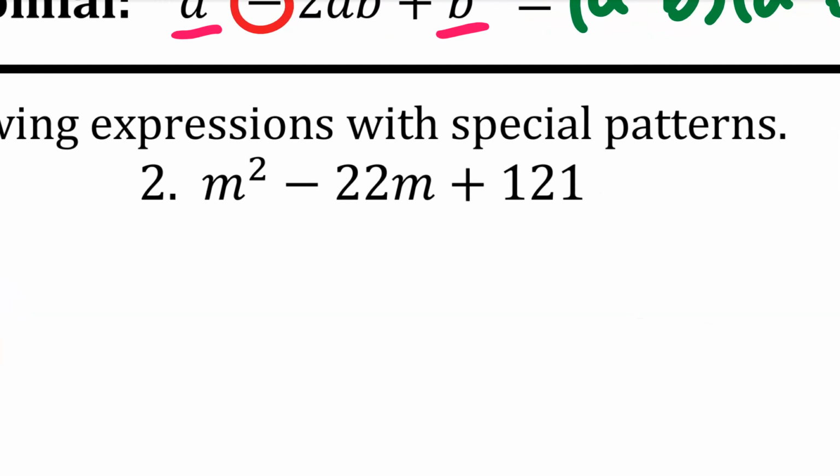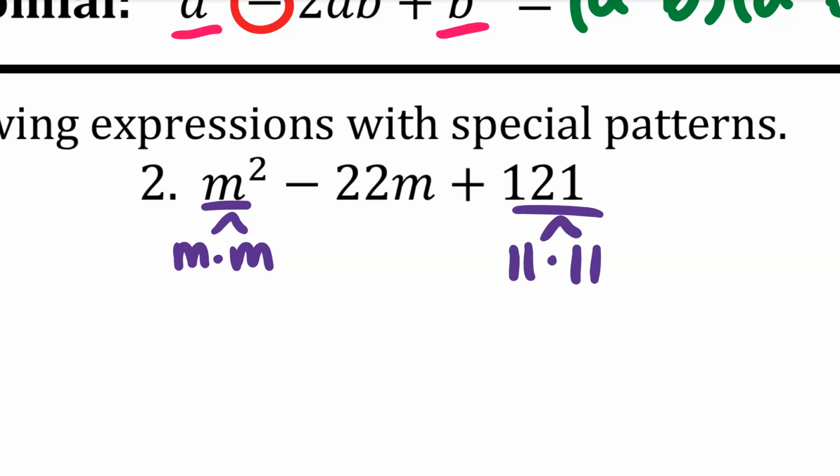Number 2 has 3 things. So what we're going to do is check for perfect squares on the 2 ends. m squared is m times m. And then 121 is 11 times 11. Now the middle should be 2 times each of these. So 2 times 11m. Is that 22m? Yes, it is.